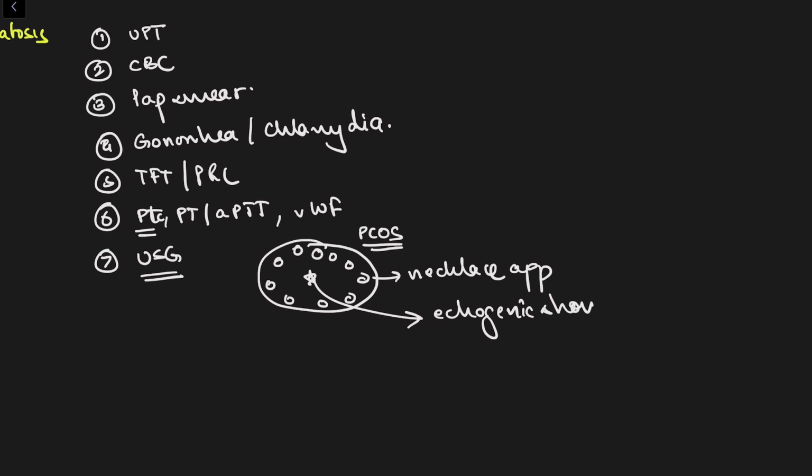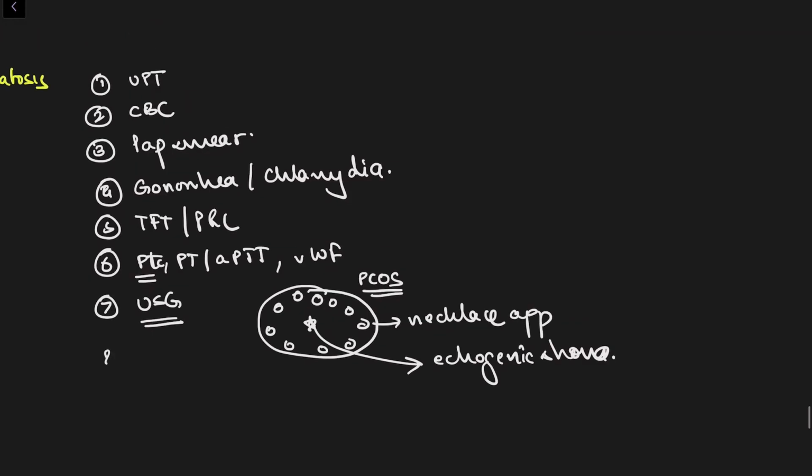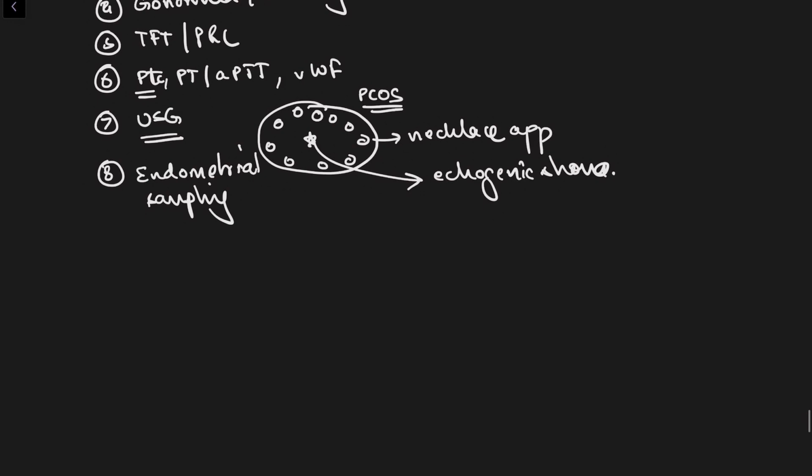Then, very important is endometrial sampling. So, what is important to know? We've done ultrasound. When we do ultrasound, we get to know the endometrial thickness. Right? Suppose this is the uterus.